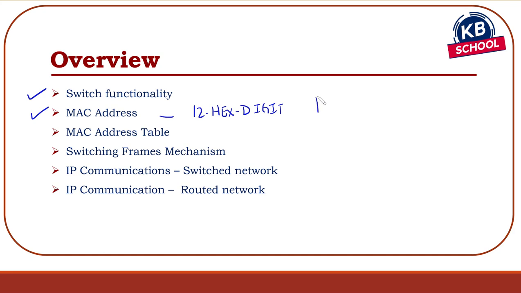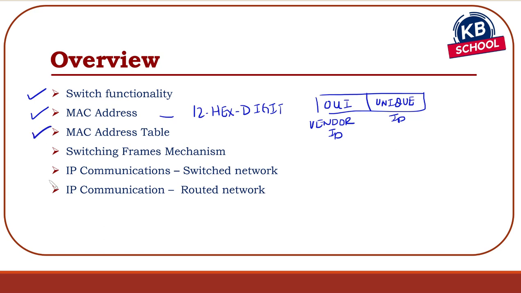The vendor gets the first 6 hex digits from where? IEEE, which is called the organizationally unique identifier, which I refer to as the vendor ID, and then you have the unique identifier for the device. This is the responsibility of the vendor to make sure that the unique ID is unique.